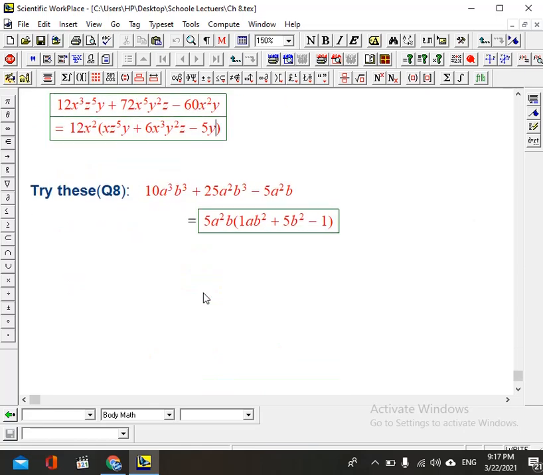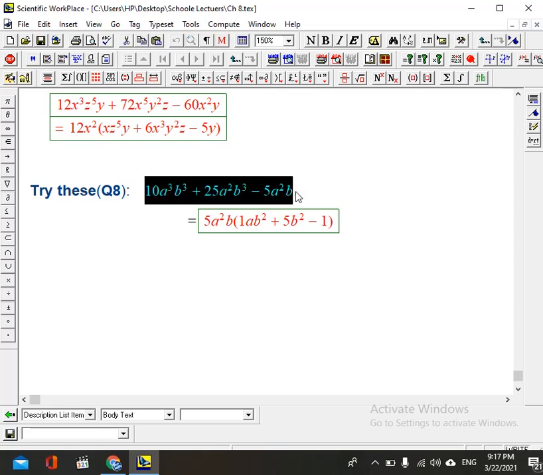I will pick a question from Try These Questions, which is question number 8, lesson 1 in chapter 8, which says factorize this polynomial. How can we factorize it? I will use mental math.